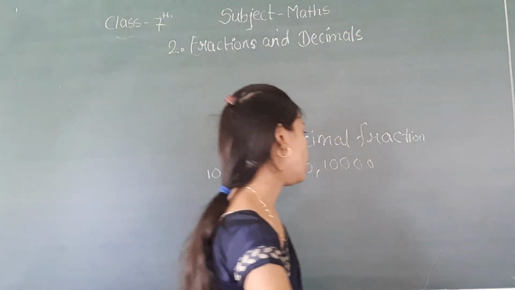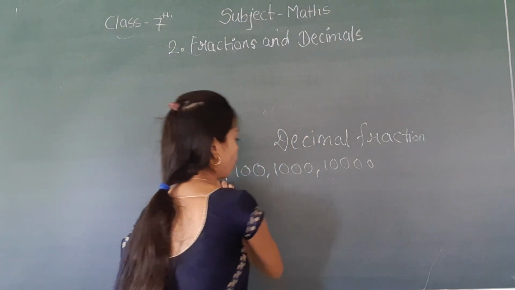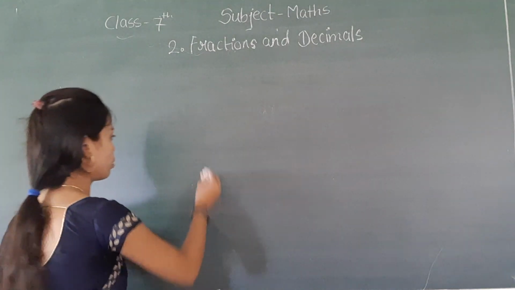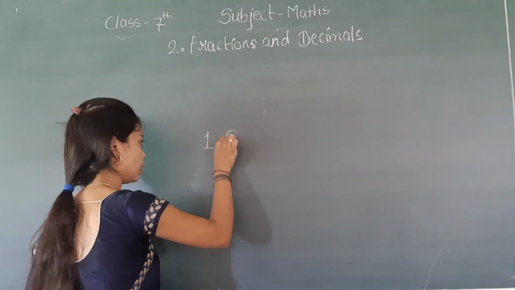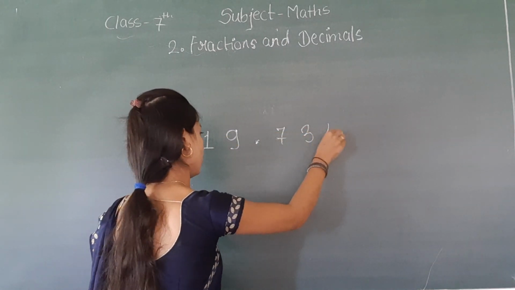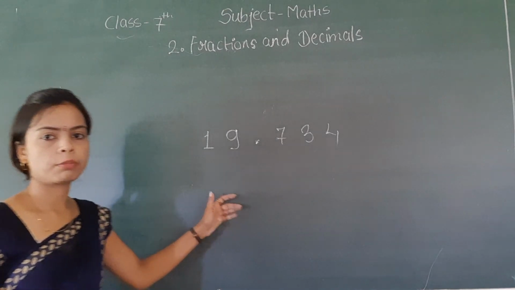Or simply decimal. Now, if the given number is 19.734, this is your decimal number.